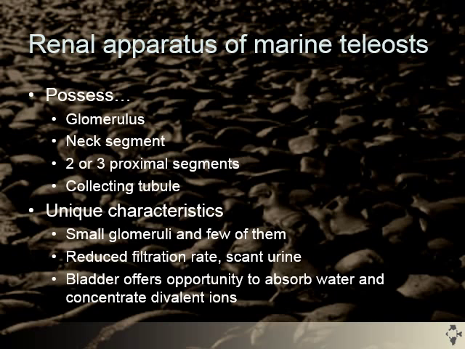What's unique about marine teleosts is they have relatively small glomeruli, so they have very small capillary beds, and very few of them. Again, they really don't care about concentrating those ions and eliminating a lot of water. In fact, they want the opposite. So they tend to have a reduced blood filtration rate, and of course they produce scant urine.